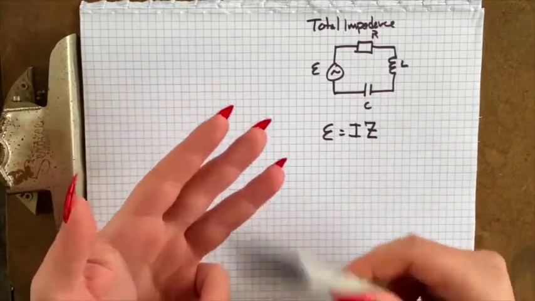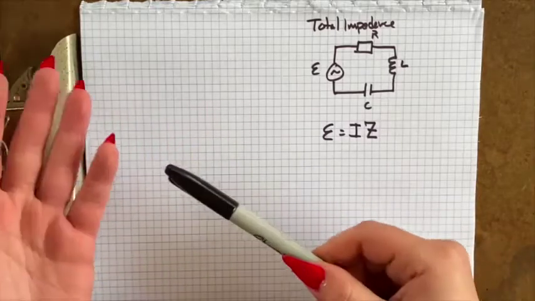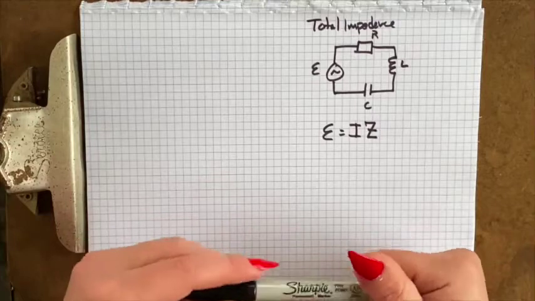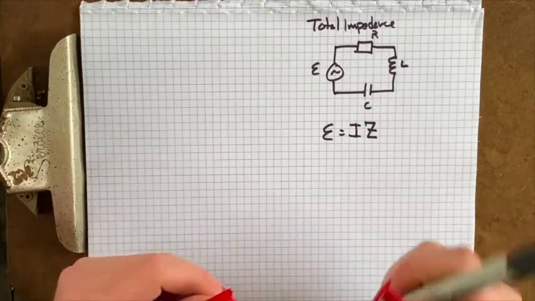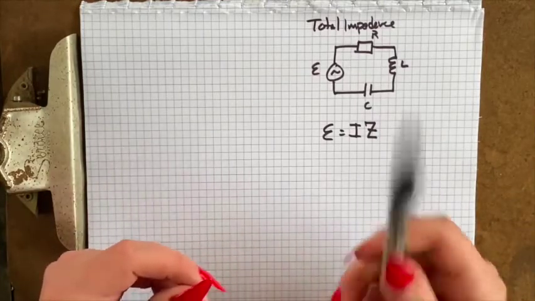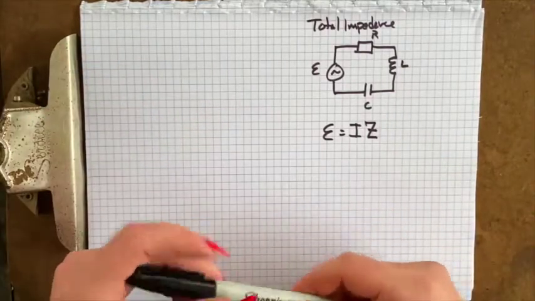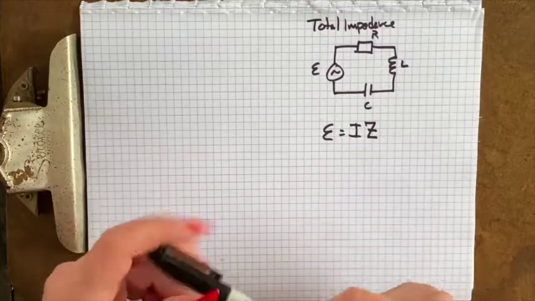But because they're not simultaneous, due to ELI or ICE or just the resistor doing what the resistor does, that makes it really complicated. Kirchhoff's loop rule applies, but when we're offset by these phases, that's going to be really complicated.